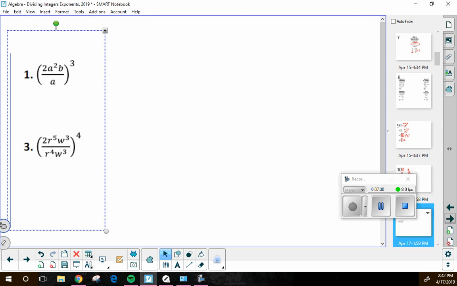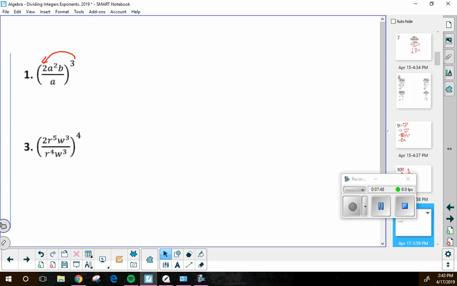Going over now, this is going to be to your right. This is going to be the top right ones. So now we have some powers to the power. So we're going to do our powers to the power first. In other words, we're going to distribute those exponents, and then we go back to figuring it out. So you get a 3, and you get a 3, and you get a 3 down here too.